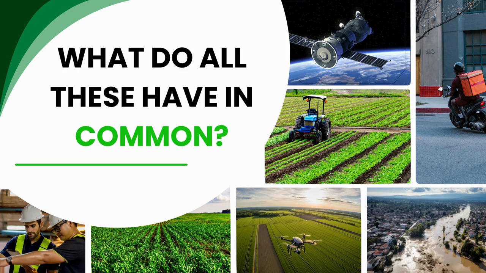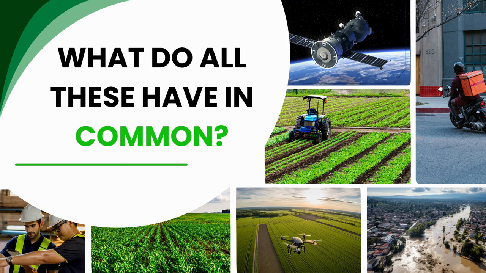Have you ever thought that whenever you open Google Maps, it tells you exactly where you are? Food delivery apps know your address. Farmers can monitor their field using satellite images. Even during floods or earthquakes, experts can identify the affected areas on a map.